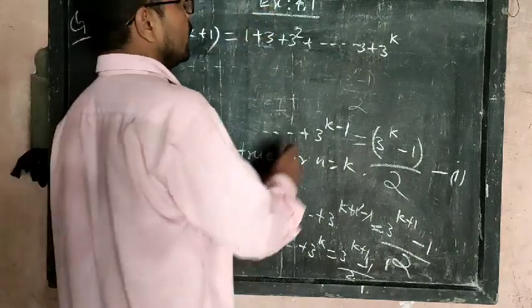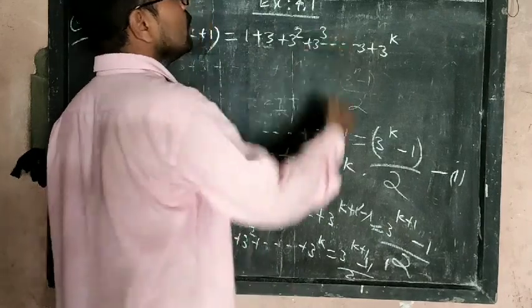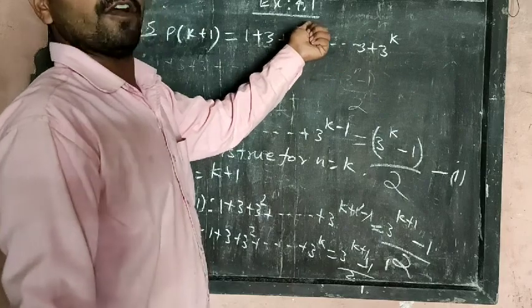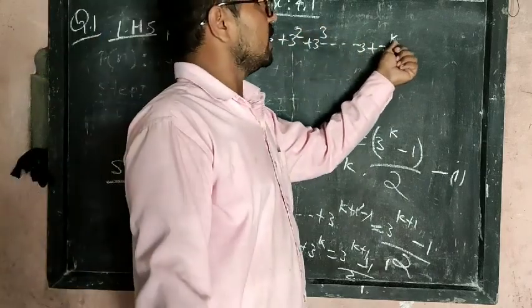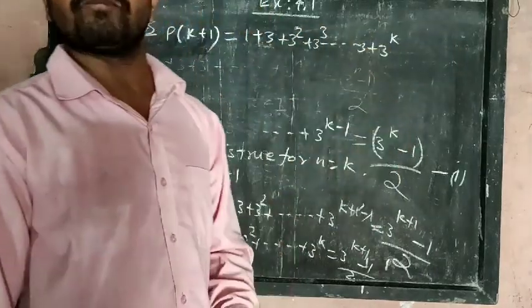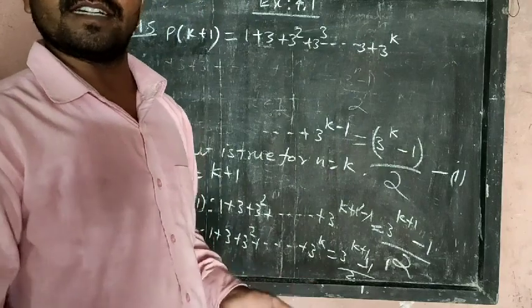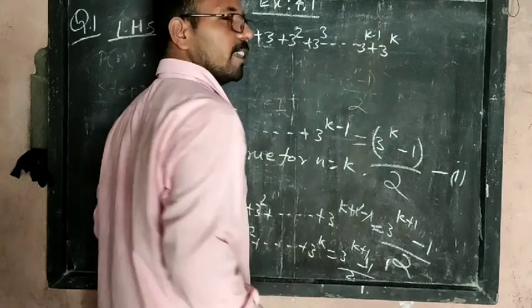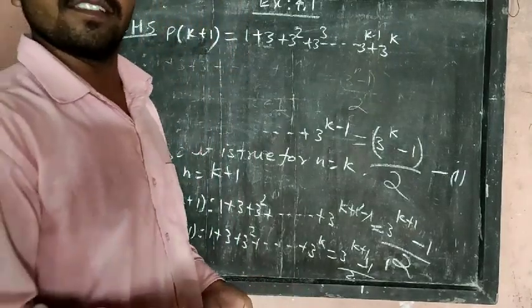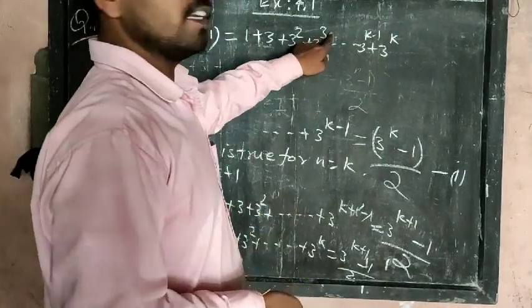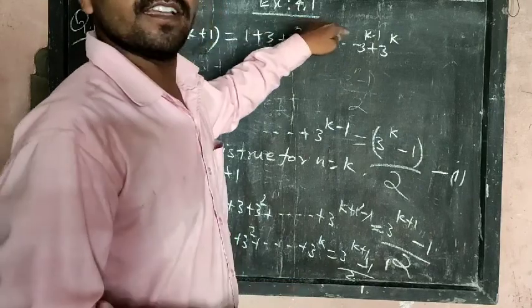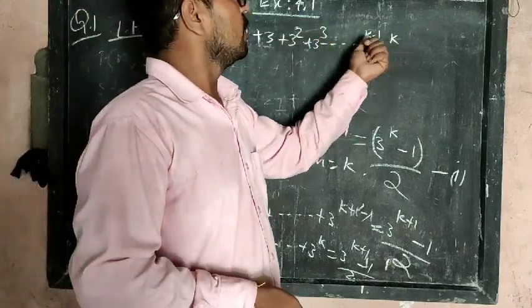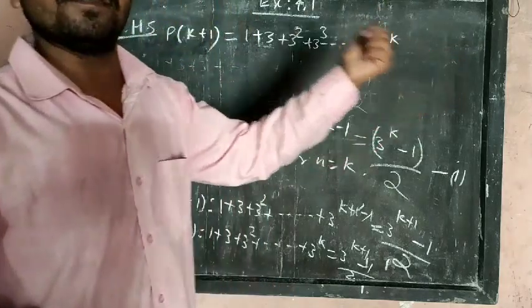In the same way, if we have 3 to the power 3, its preceding term is 3 to the power 3 minus 1. So for 3 to the power k, the preceding term is 3 to the power k minus 1.